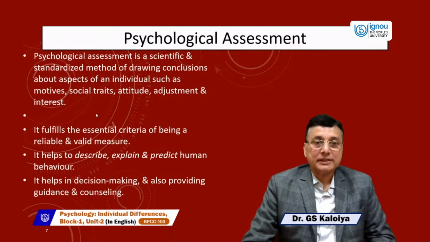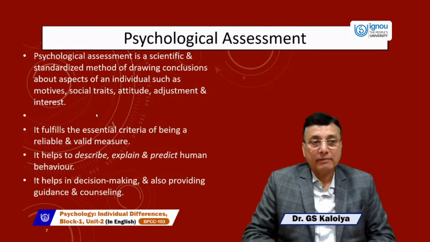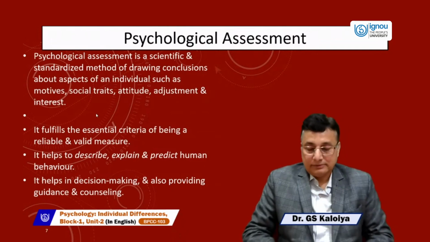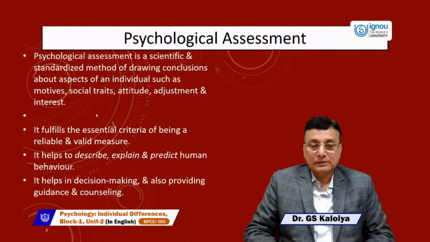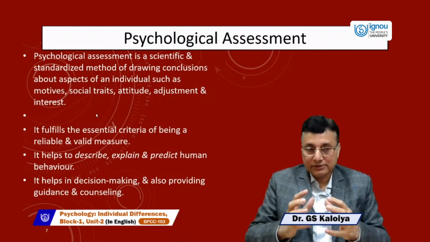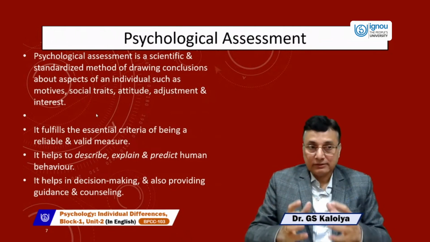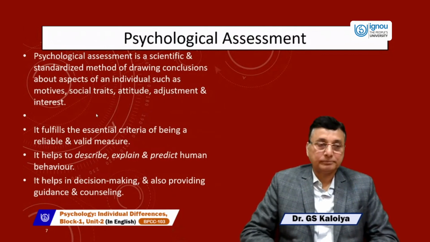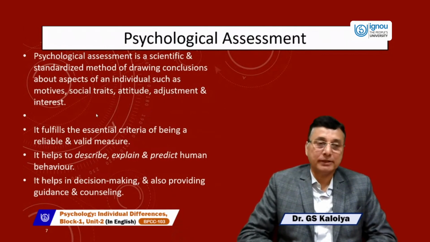It fulfills the essential criteria of being a reliable and valid measure. So it is very much reliable, like anyone can use it and they will find more or less the same results. Valid means that it has assessed the things which the psychologists want to assess. So that is validity. It helps to describe, explain, and predict human behavior.